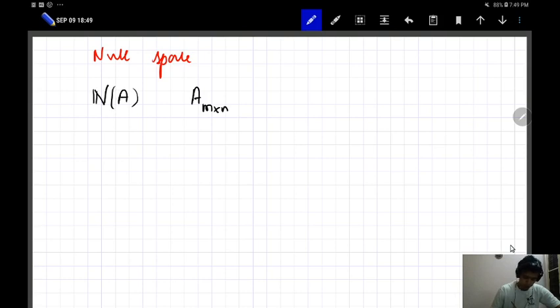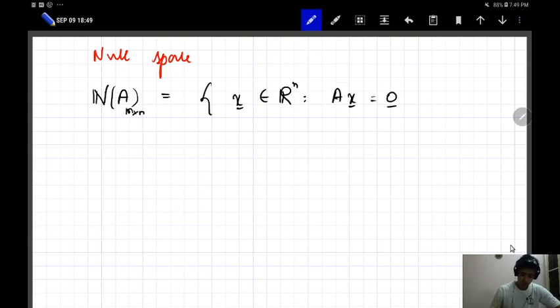I'll define capital N of A to be the set of all vectors x in Rn such that A times x is the zero vector, 0_n, right?